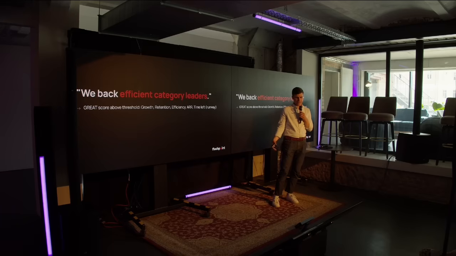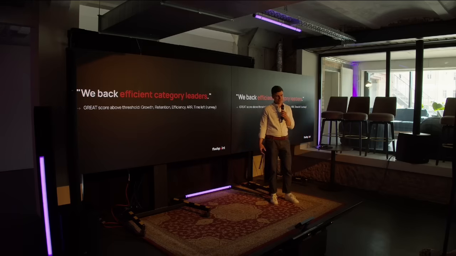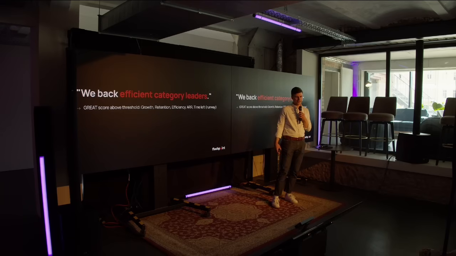Time left is just the runway. We use an LLM to extract these numbers from the notes that we have with the founders. That helps us quickly compare all the opportunities in our pipeline. So this is a pretty nice way to see where the potential winners are.